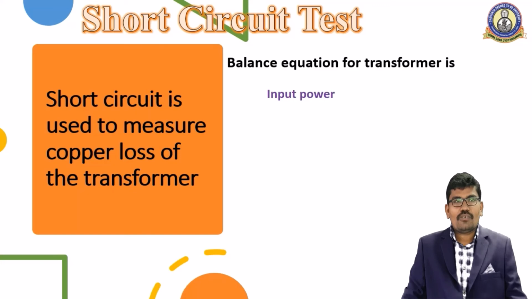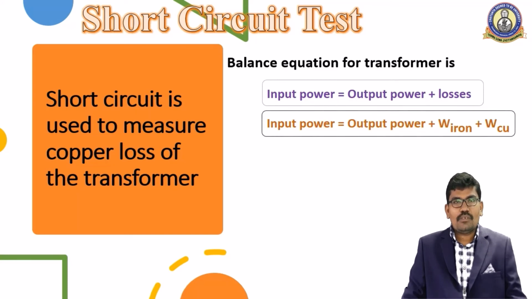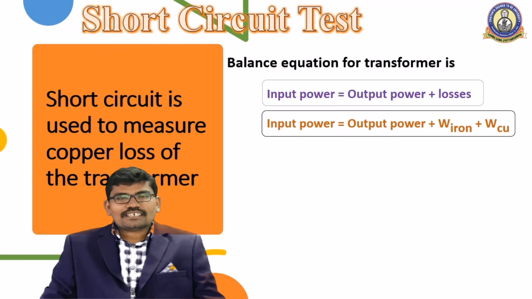You may have a doubt why it measures only copper losses and not the iron losses of the transformer. In the short circuit test, the voltage equals 0, because the resistance tends to 0, and according to Ohm's law, V equals I into R. If voltage equals 0, then since iron loss is directly proportional to the square of the voltage, iron loss becomes 0.